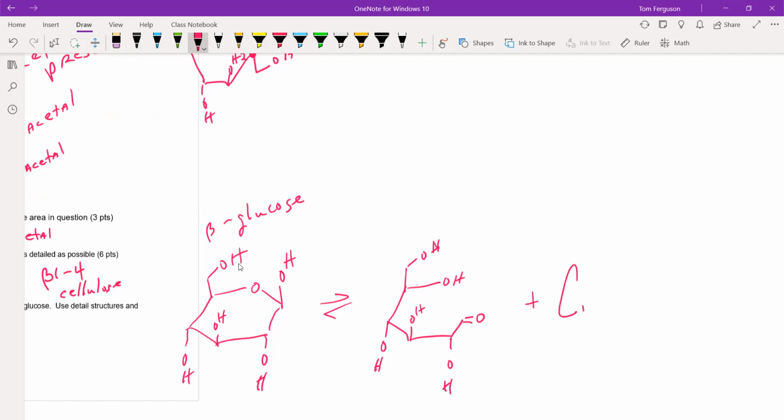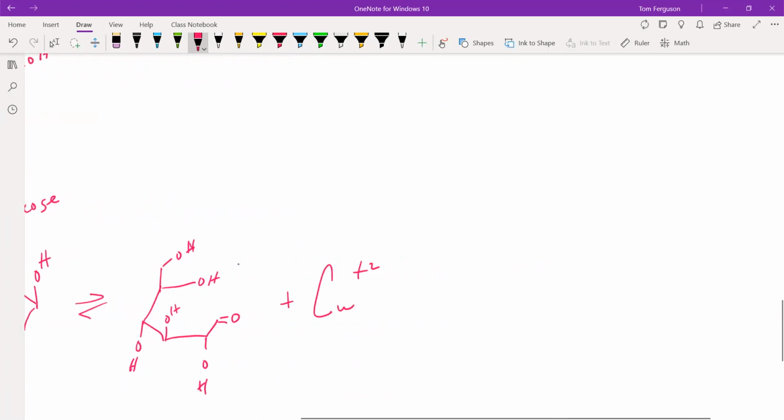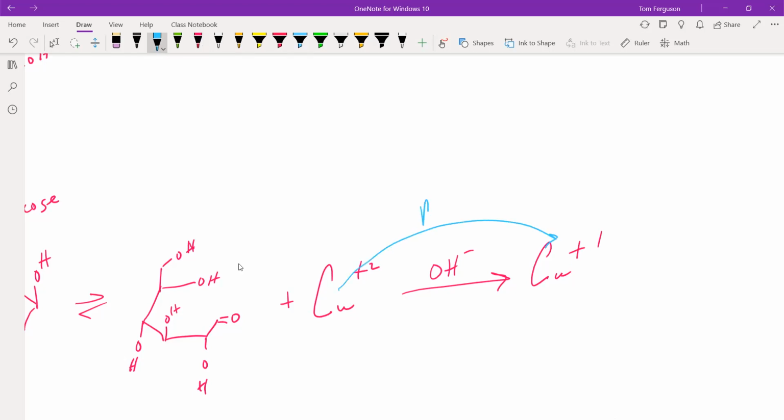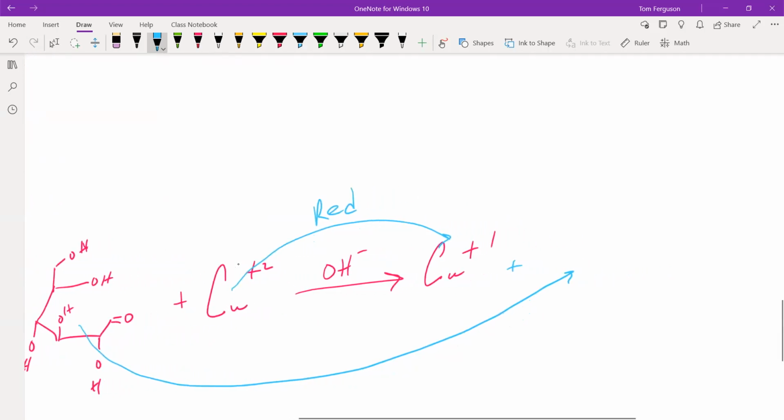And we put in copper +2 in an alkaline environment. Okay, the copper 2 is going to go to copper 1. That's the reduction. And then the aldehyde is going to the acid version.